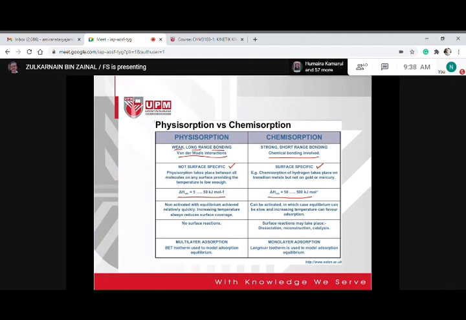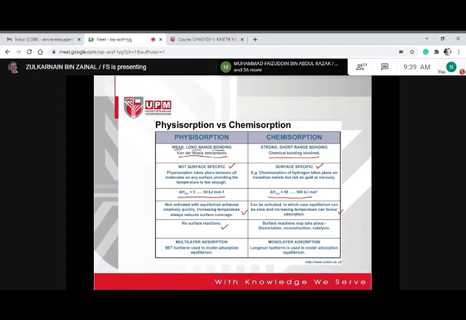So physisorption is non-activated, with equilibrium achieved relatively quickly, and chemisorption can be activated, in which case equilibrium can be slow. So one is very quick in achieving equilibrium. The other one is quite slow, because this is actually a chemical reaction when you consider chemisorption.